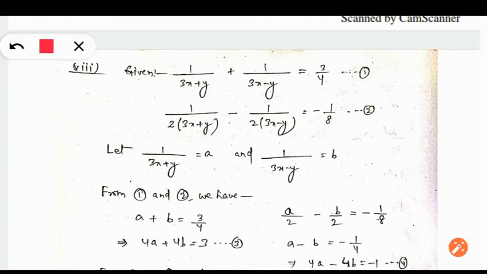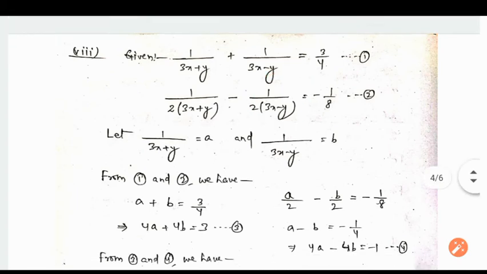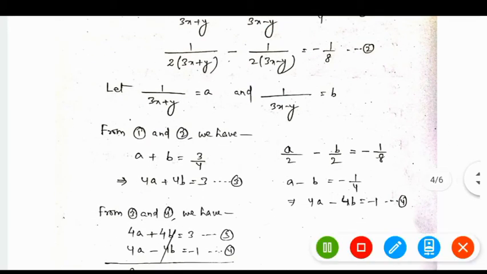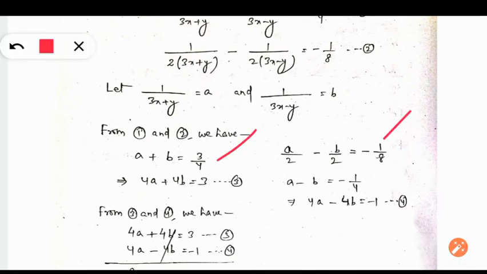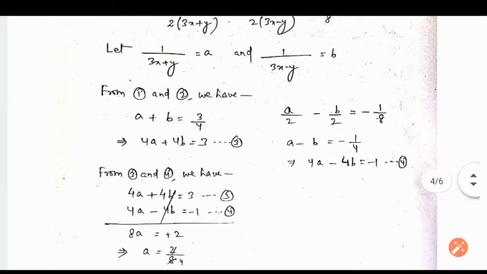And this one will become b by 2 is equal to minus 1 by 8. See, this I got. So I have multiplied this with 4, so it will become 4a plus 4b is equal to 3. Here I have taken LCM 2 and after that I got equation 4.